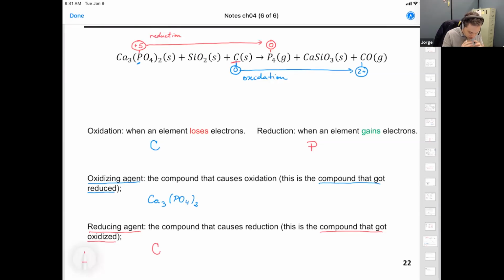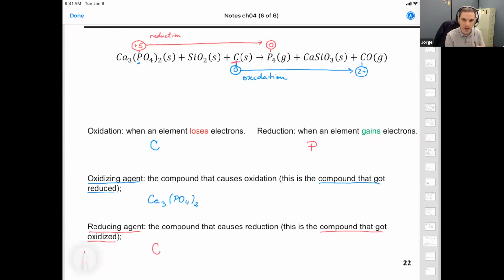And then be very careful here. When you are just looking for oxidation and reduction, you are looking at only the element. For an agent, you look at the whole compound that contains the element that reduced or oxidized.